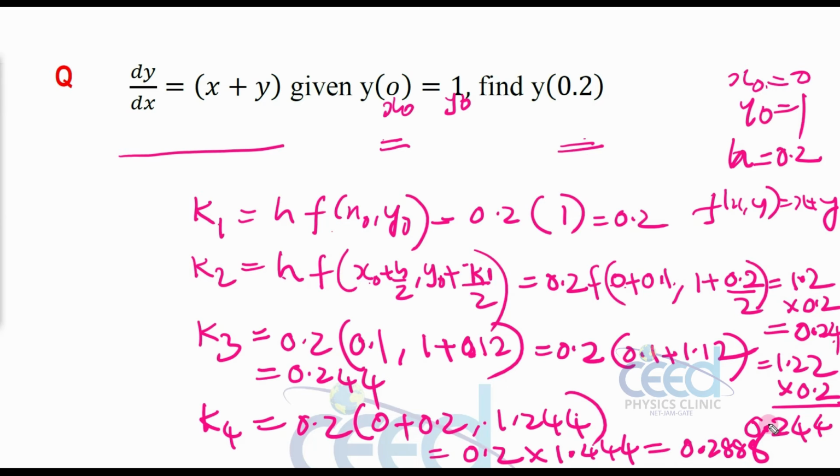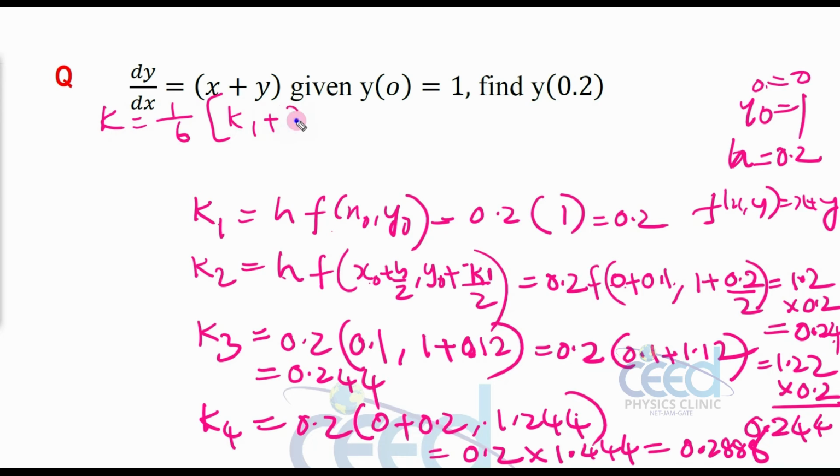Now I can substitute this in the final expression. What is the final expression? That is k equal to 1 by 6 into k1 plus 2k2 plus 2k3 plus k4. This is the final result we have seen.